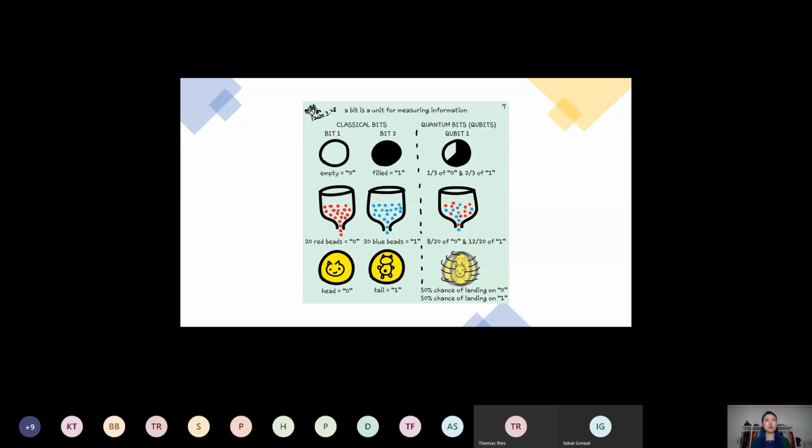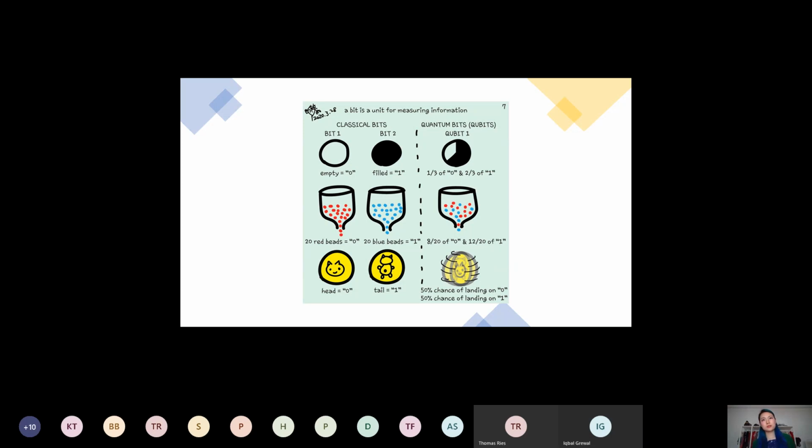Or you can have a lottery machine that has 20 bits inside, and if all of the 20 bits are red, you can label it as 0, but if all of them are blue, you can label it as 1. So all these are pretty arbitrary. You can come up with systems that can describe this absolute state or condition or status of your system.